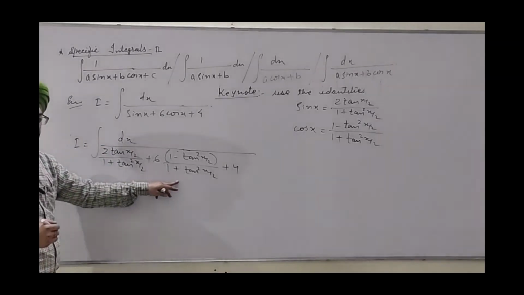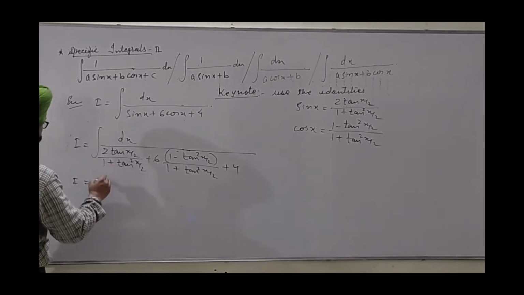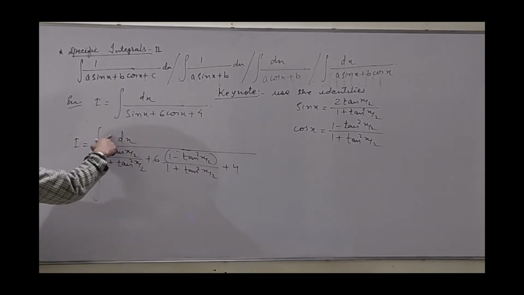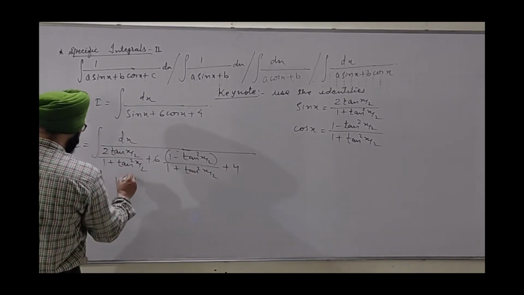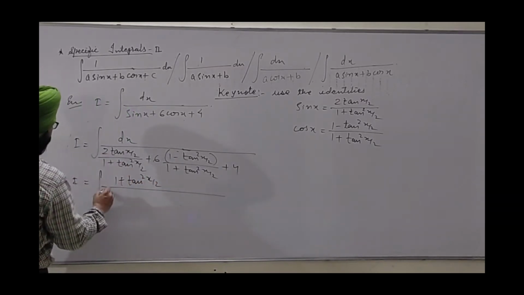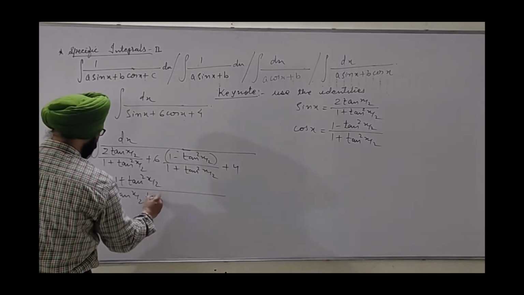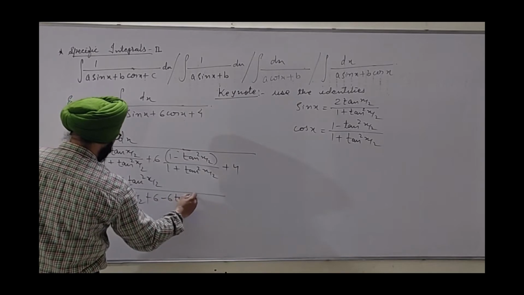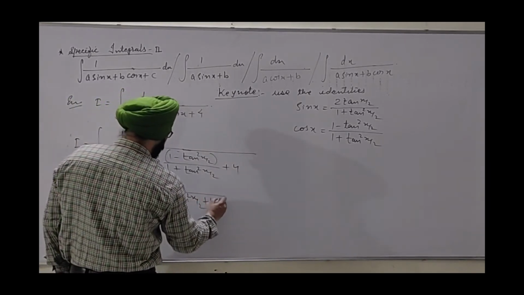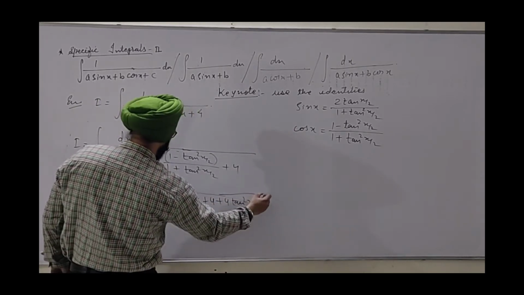We are having the same denominator, that's why this only is the LCM. So taking LCM, this will be multiplied by 4 and will go up in the numerator as 1 plus tan square(x by 2), upon 2 tan(x by 2) plus 6 minus 6 tan square(x by 2). Here when multiplied by 4 we get 4 plus 4 tan square(x by 2) dx.